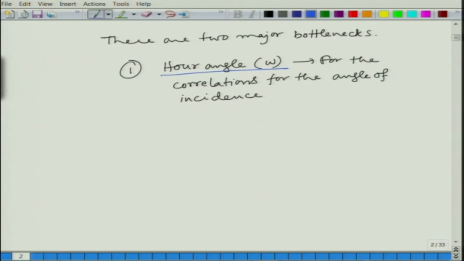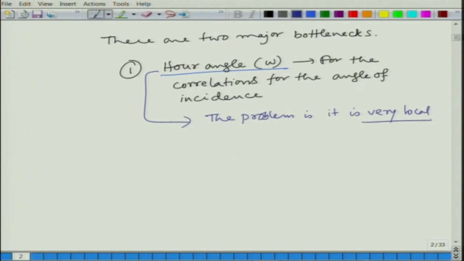But the problem with this hour angle is that it is very local, because hour angle tells you with respect to the solar noon what time it is, right, and solar noon changes from one point to the other with respect to the longitude.